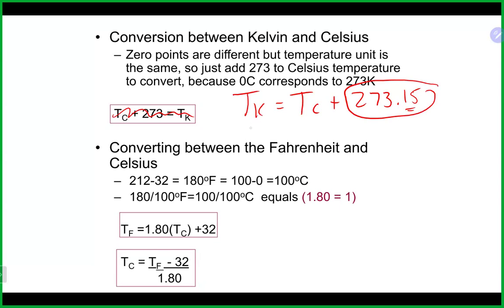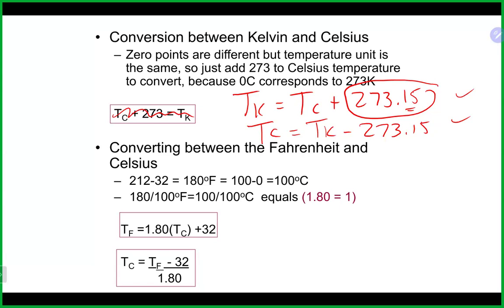Obviously, that means that if you do have the temperature in Kelvin and you want it in Celsius, you would take the temperature in Kelvin and you would subtract 273.15. So that conversion, really both of these, which is the same one just turned around, are pretty much 99.9% of the time going to be the conversions that you're going to be doing here in chemistry.